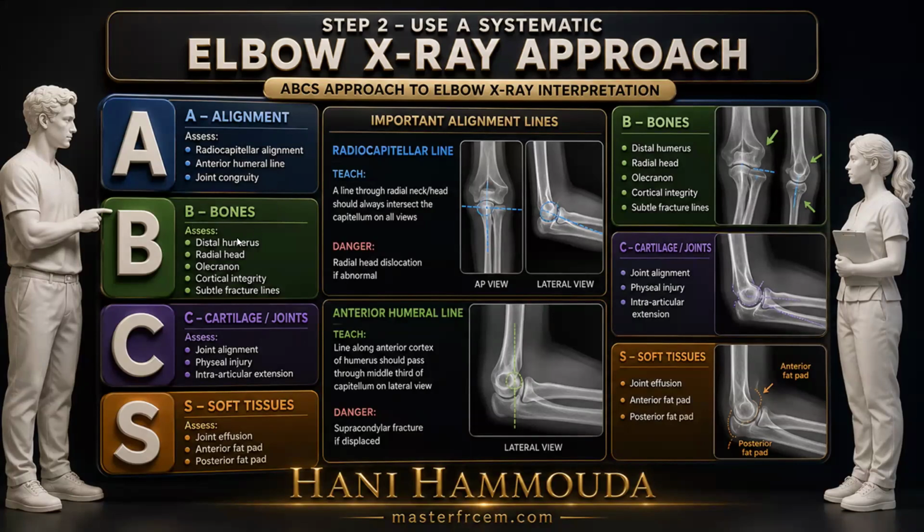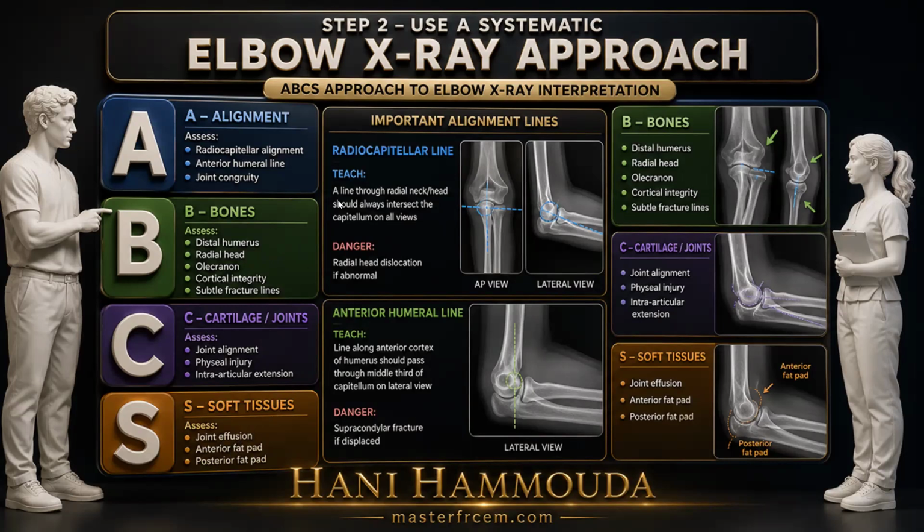B, bones: you will check the distal humerus, but we are talking about the elbow, so focus on the elbow now: radial head, olecranon, cortical integrity, subtle fracture lines. Then see cartilage and joints: joint alignment, physeal injury, intra-articular extension. Soft tissue: you will check joint effusion, anterior fat pad, and posterior fat pad.